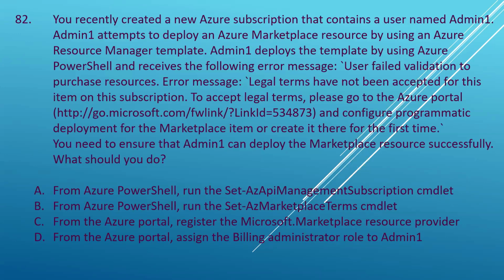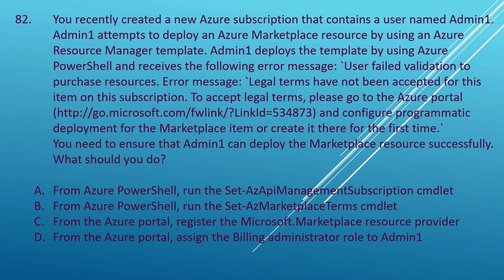You recently created a new Azure subscription that contains a user named admin1. Admin1 attempts to deploy an Azure Marketplace resource by using an Azure Resource Manager template. Admin1 deploys the template by using Azure PowerShell and receives the following error.